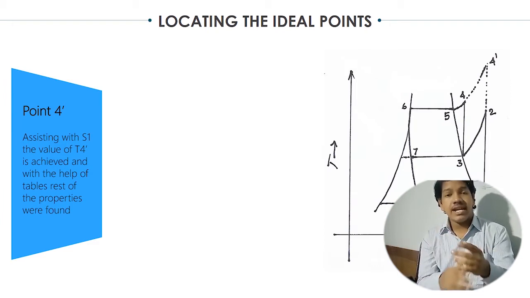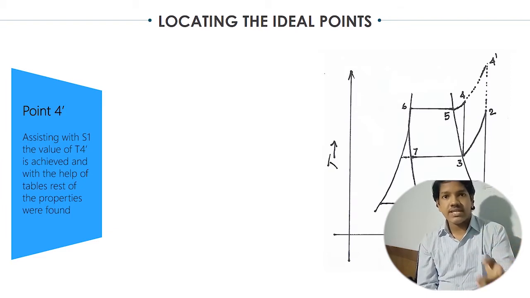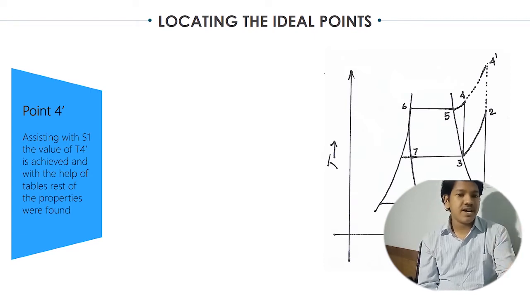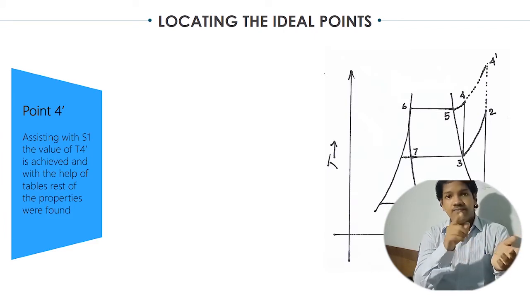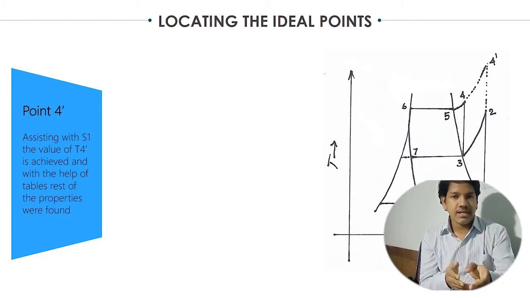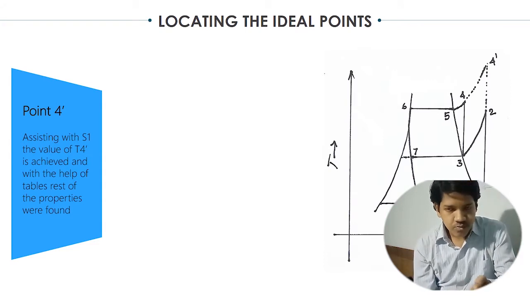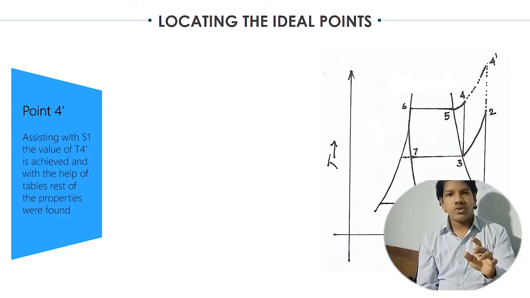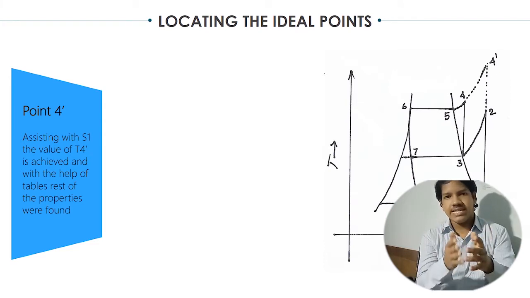Now with another thermodynamic property related to entropy, that is S4 dash equals S5 plus Cp ln (T4 dash divided by T5), we can easily calculate T4 dash, as we already know S5 from the saturated vapor line, because point 5 lies on that saturated vapor line. So now using these two properties we can easily get the enthalpy, the entropy, and the temperature.